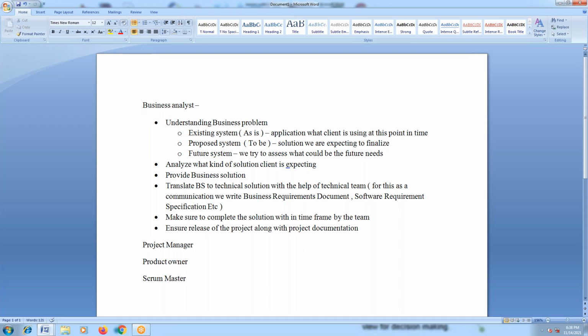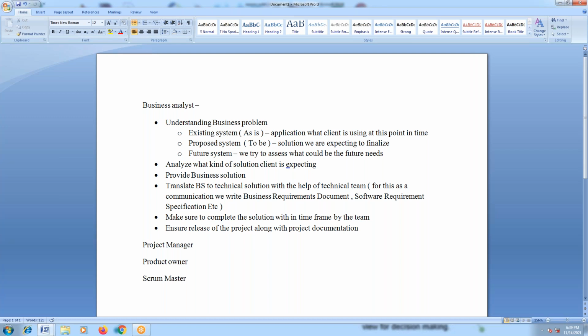What will happen is, if it is good, you will be ready to use that mobile for a long time. You will be the customer for that mobile for a long time. At the same time, you will suggest someone to buy that brand due to the kind of services they have given you. In the same way, whenever we provide a proposed solution, we need to understand what the needs could be in terms of the future.